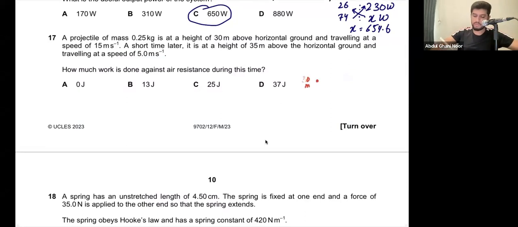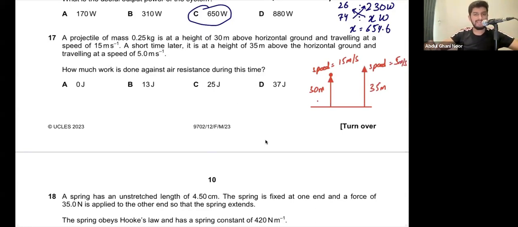A short time later, it is at a height of 35 meters. So after some time, it has gained height. It is at a height of 35 meters, and it has a speed of 5 meters per second. How much work is done against air resistance during this time?